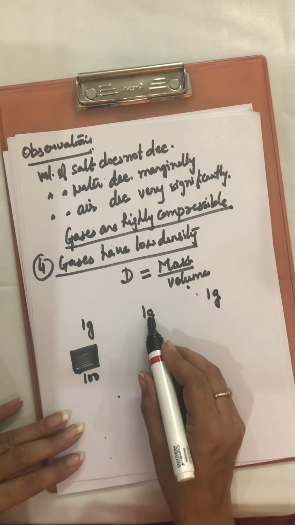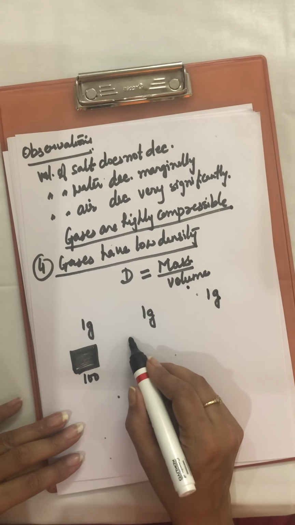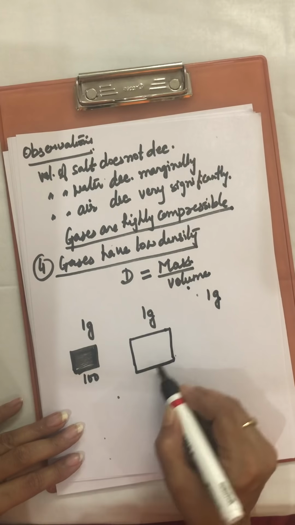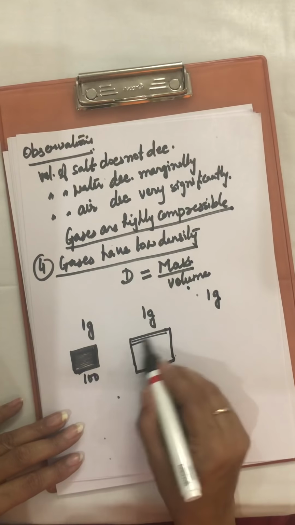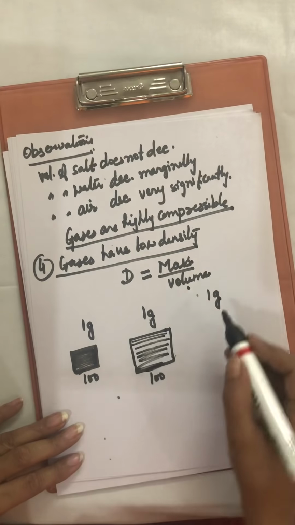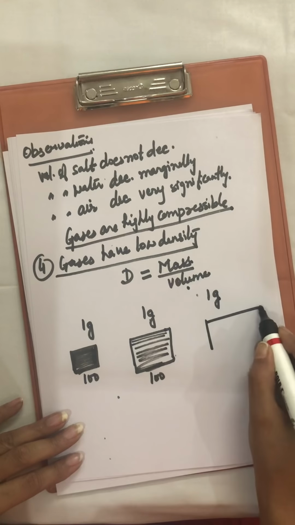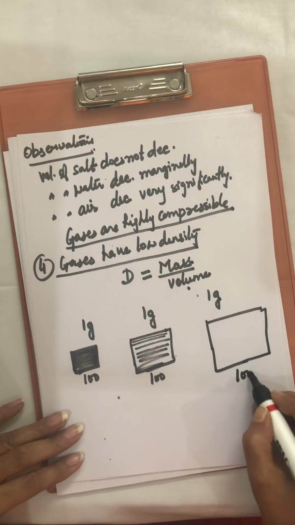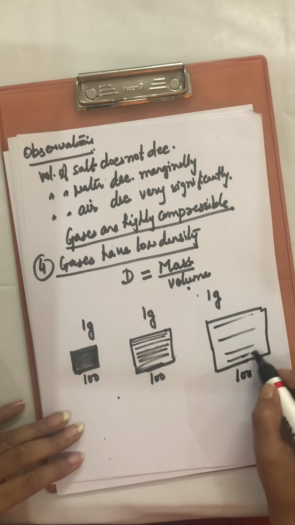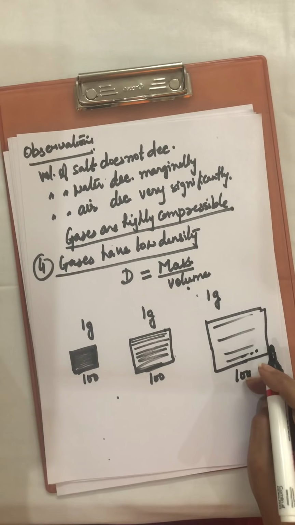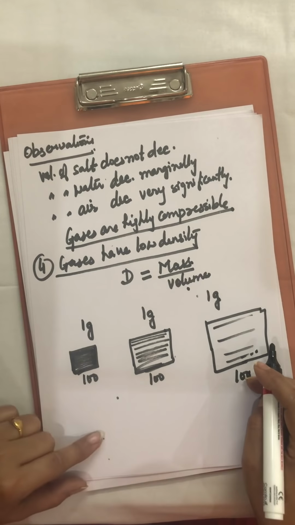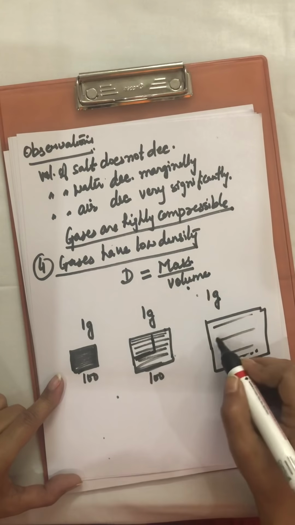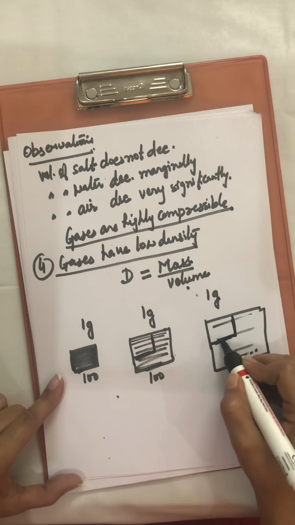And 100 particles in this 1 gram liquid, when we change to liquid state, are occupying this much space. While in a gaseous state, 100 particles occupy, for example, this much space. So when we take per unit volume, suppose this much is your per unit volume.